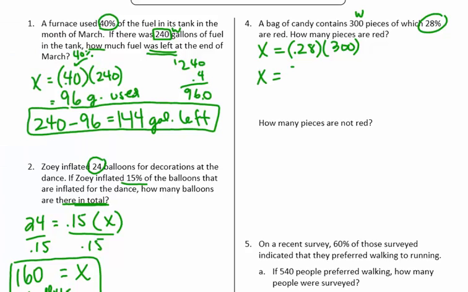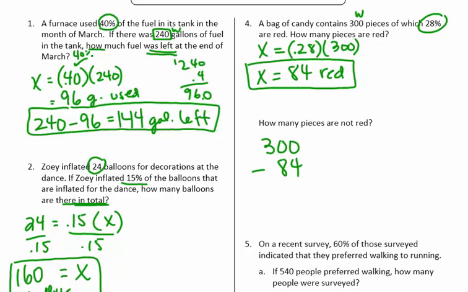So I have 84 red. How many pieces are not red? 300 total, minus the 84 that are red. 216 that are not red.